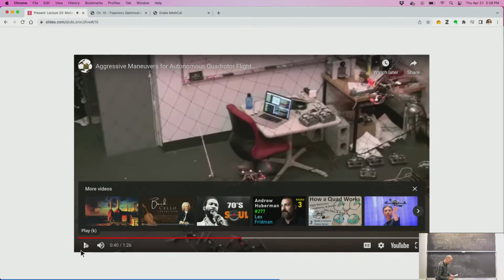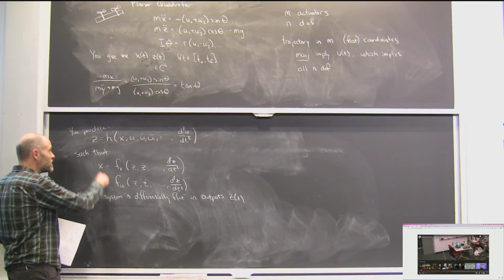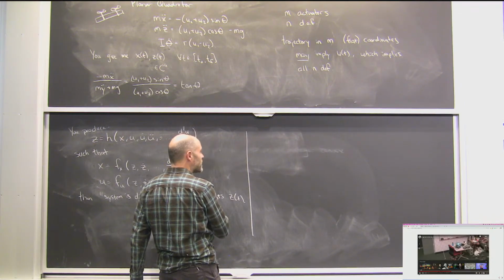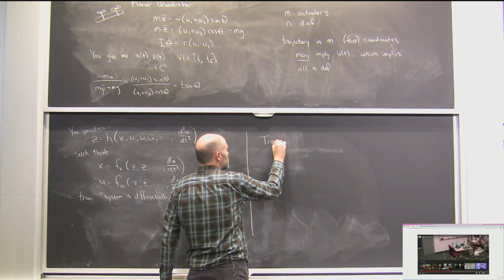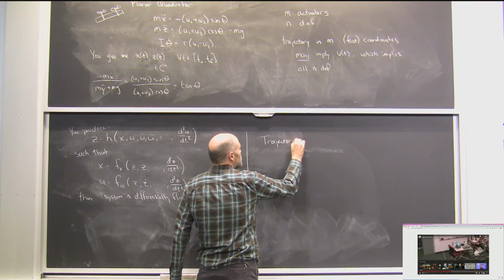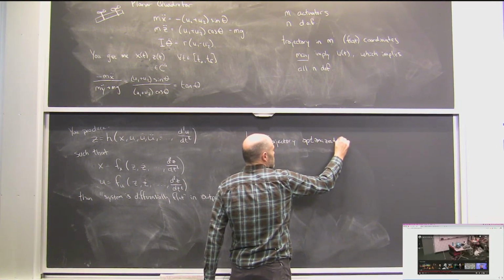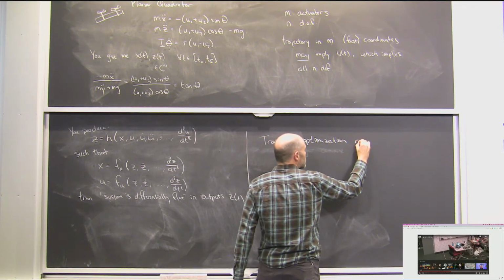Okay? So why is it that having a flat coordinate system makes trajectory optimization easy, makes it convex? If you have these flat variables, then you don't have any more dynamic constraints. So trajectory optimization reduces to just find me a z.